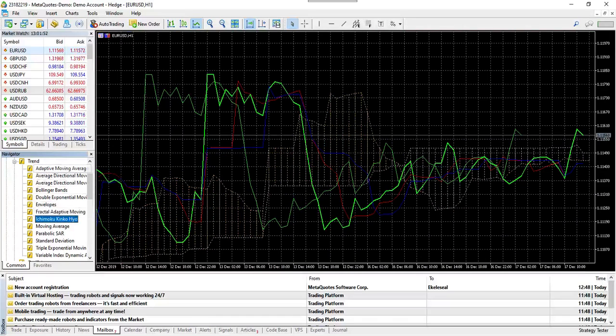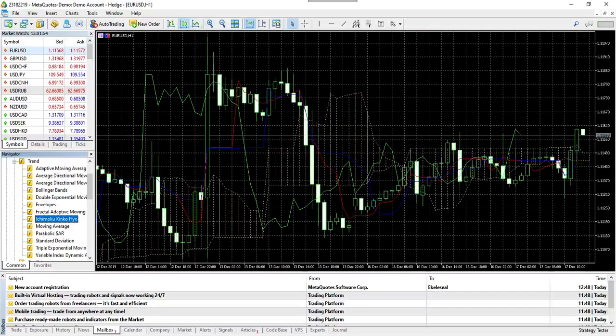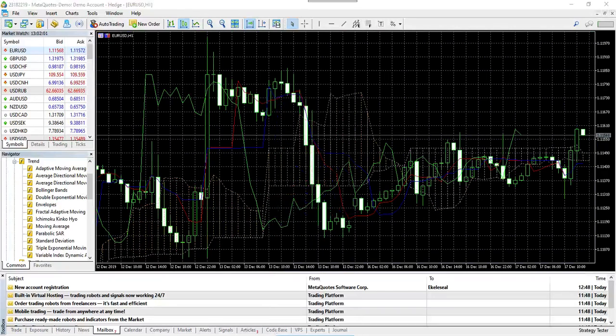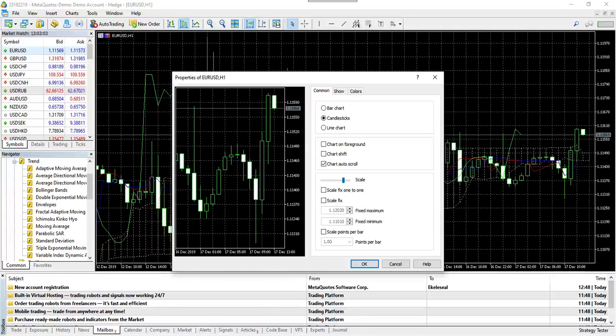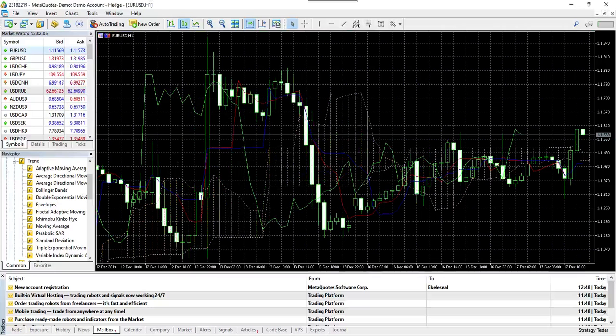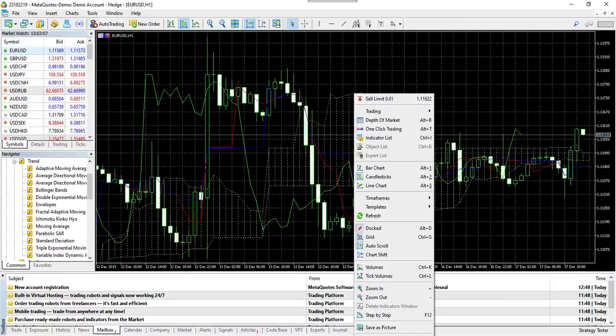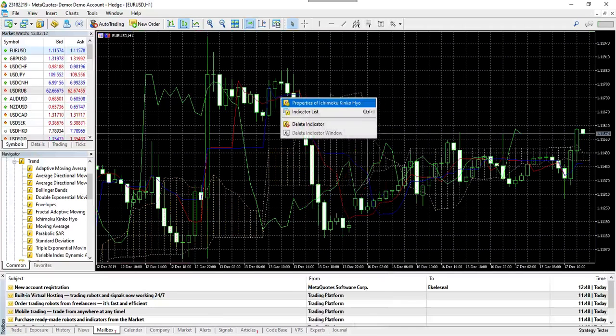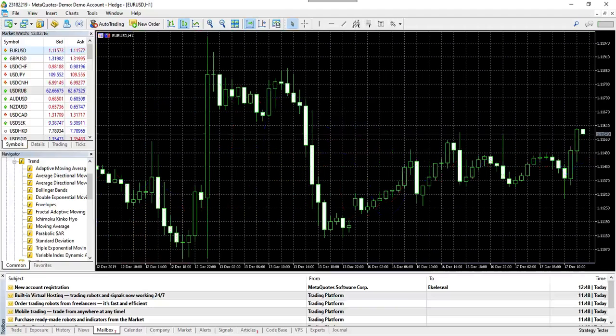Let's just change the count. Let's use this normal one. I don't like this. Okay, delete indicator. But this is the normal trading platform, and you can modify all these things to make it look like this.